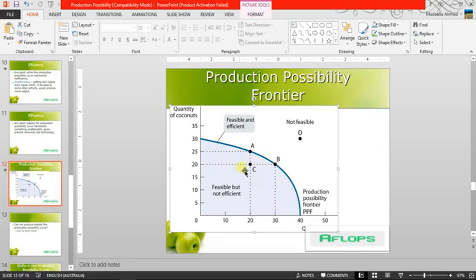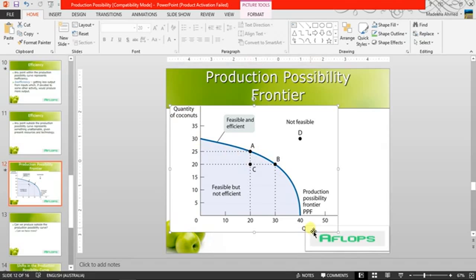Or if it moves on to point A, then it can enhance the production of coconut to 25 while the production of fish would remain the same. So we can say that any point inside the production possibility curve is feasible but inefficient, and by using its resources more efficiently, the economy can move to point A or point B where it can increase the production of any of the given products.